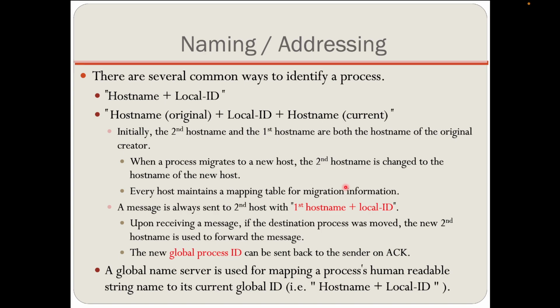But in any case, that host should have this migration information, so the host can always forward this request. Eventually, the forwarded request message will arrive at the real new host, the current host of this particular process. Then the process will receive the message.